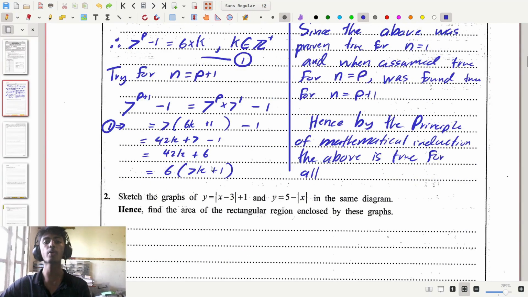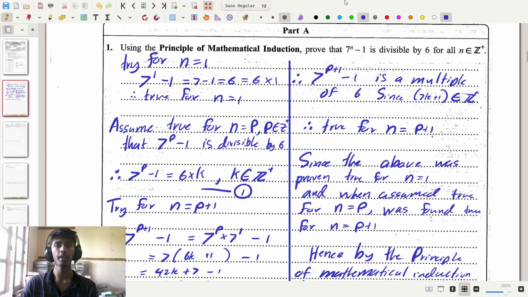So we can say the above is true for all n element of the positive integers, and that is the end of this question. Now finally, let's take a look at the marks order for this question.